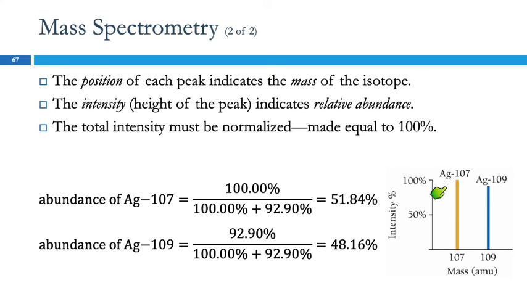So the highest one is always given 100%, and the rest of them are whatever fraction of that they are. So the position of the peak indicates its mass. The intensity, or the height of this peak, tells us the relative abundance. I am not going to make you do these calculations, so I'm not going to talk about it.